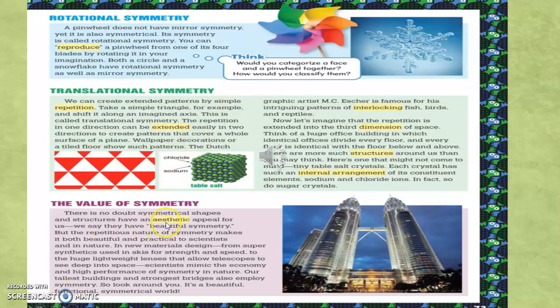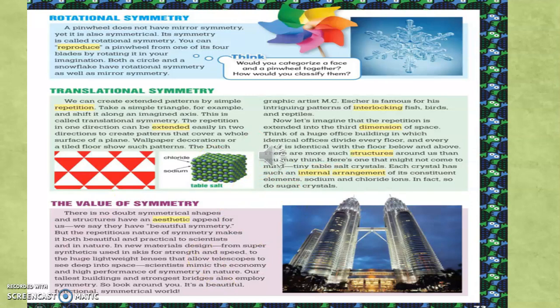Similarly, if you can see over here, these are the particles of your table salt, which consist of chloride and sodium. So you can also see some symmetry. That means they are identical if you cut them into the halves. Is it clear? Now let's read the value of symmetry.